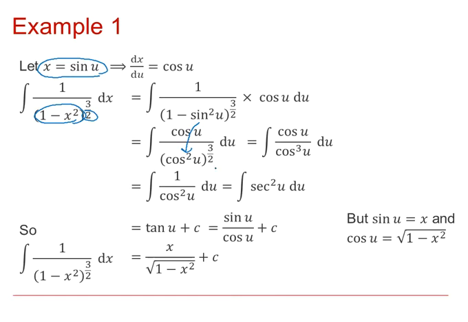So we ended up simplifying it all the way down to cos squared u, which then can be written as the integral of sec squared u. Once you've got the answer in terms of u, then we had to get it back as a function of x, and we did that by using sine u is x, and we created cos u is the square root of 1 minus x squared in order to make the substitution back.